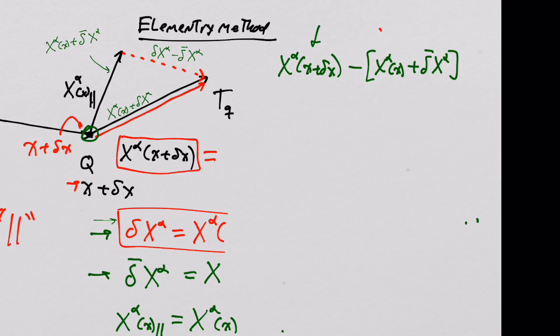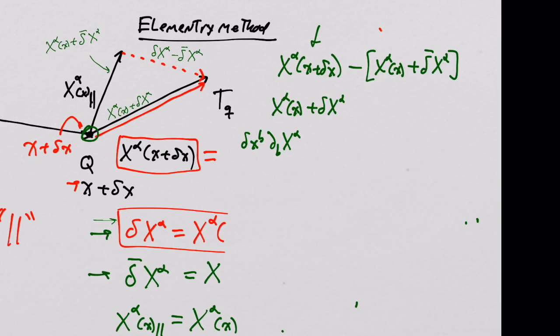And now we know how to substitute for that using the Taylor series, which will be x alpha at x plus delta x alpha, where we remember delta x alpha was this term that went delta x b, d b x alpha, like that, right?